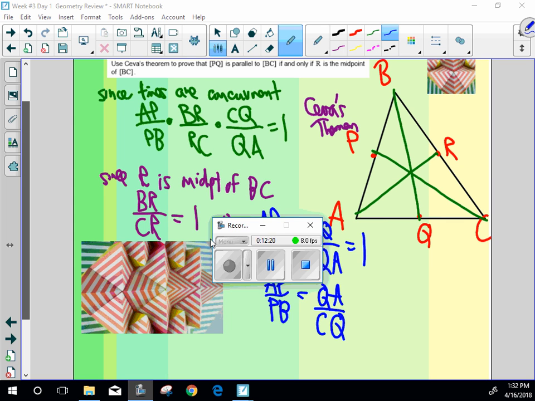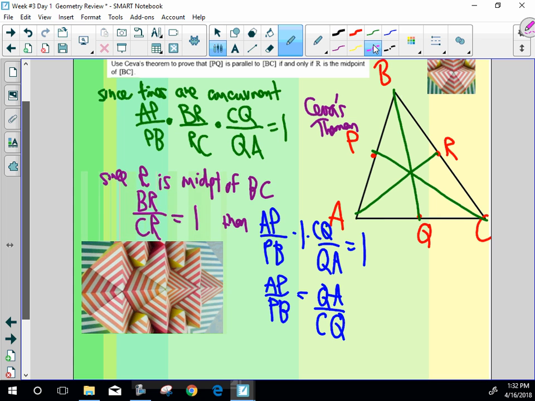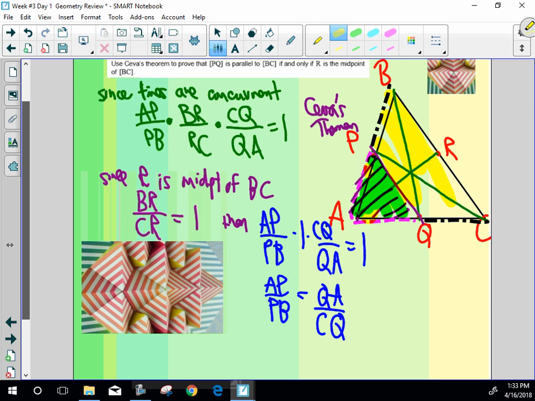If you look at this problem, I'm going to use colors here, AP over PB is equal to QA over QC. Now what we're really trying to get at is a similar triangle. This one is similar to the whole, which is this one.